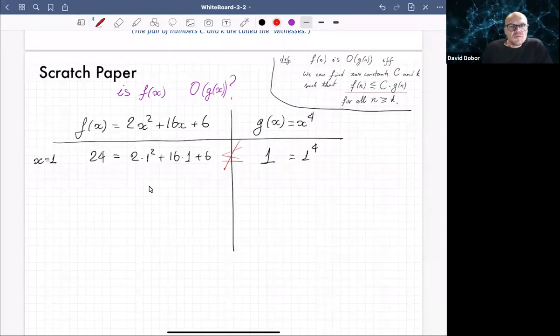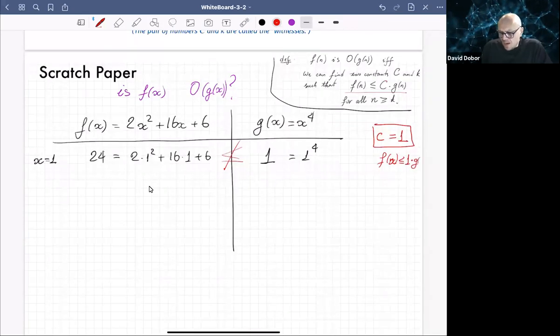So I continue looking. Notice again, per the suggestion that came before, I fixed C equals 1. This is the bigger picture: I fixed C equals 1, and I'm looking for that K for which f of x, for every x greater than K, is going to be smaller than 1 times g of x.